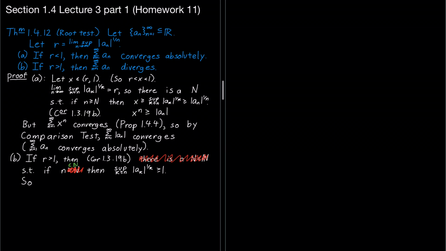So if n is a natural number, then there is a k bigger than n such that the absolute value of a_k to the 1 over k is at least 1, then raising both sides to the kth power, the absolute value of a_k is at least 1.